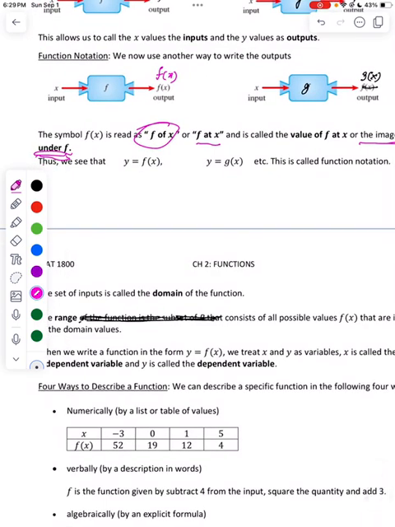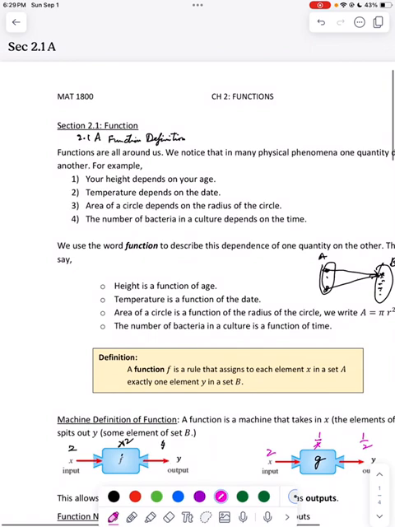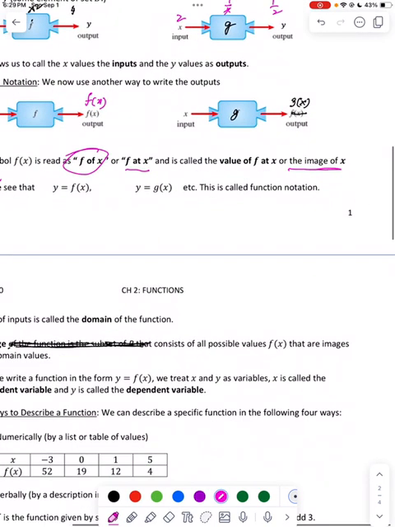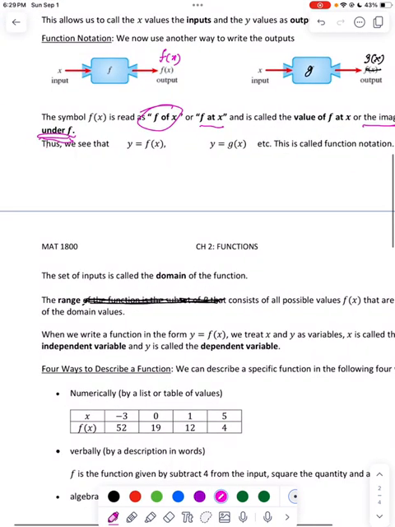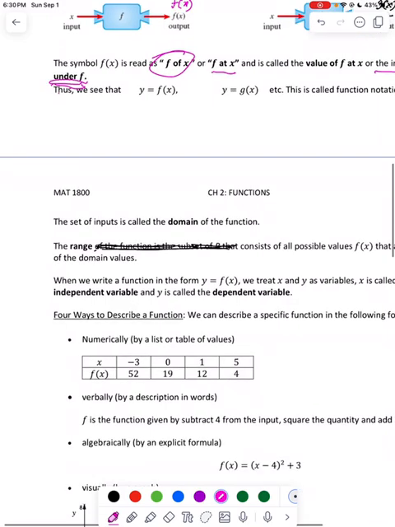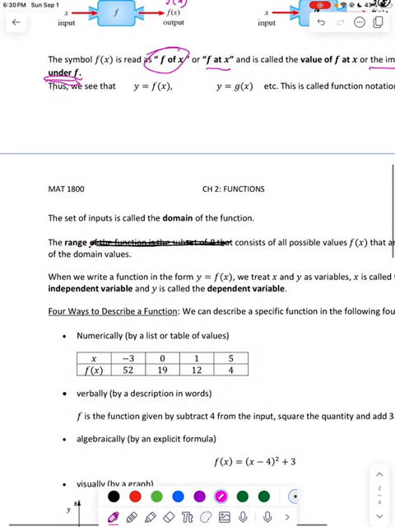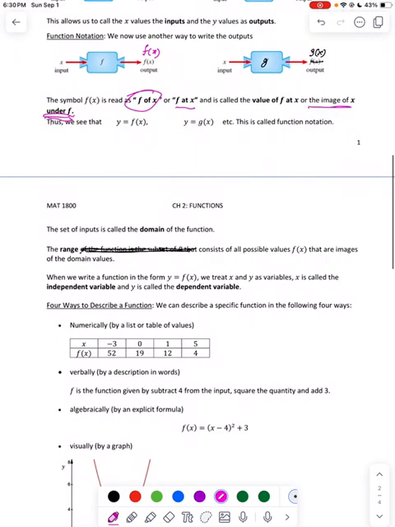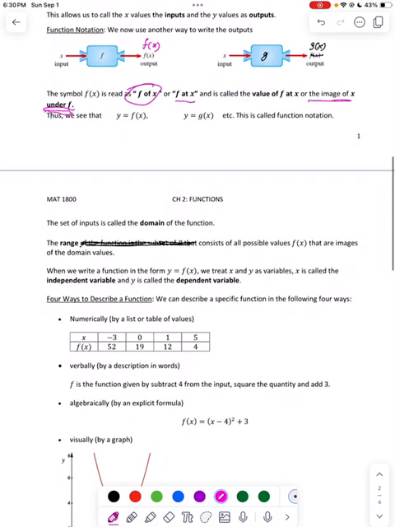Now the set of points which are inputs, that's the whole set. When we collect all the inputs, that is called the domain of the function. The range consists of all the possible values F of X that are images of the domain values.